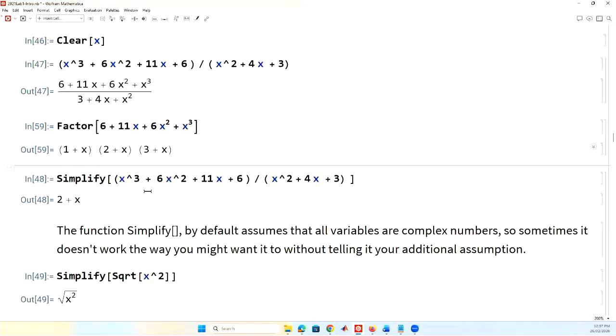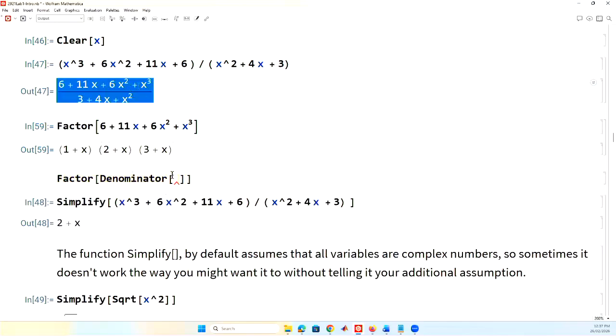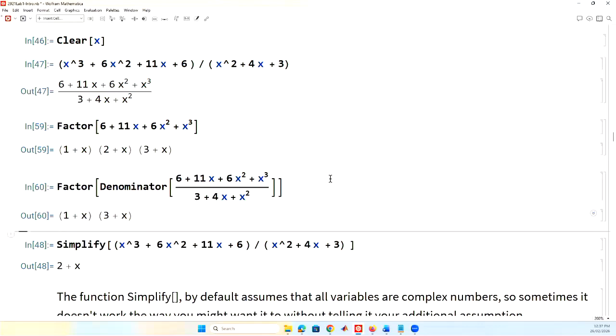Okay. So probably the things that cancelled were 1 plus x and 3 plus x, and if you did the denominator, that would work too. In fact, let's try something kind of clever. Factor the denominator: 1 plus x, 3 plus x. Mathematica has numerator and denominator built into it.